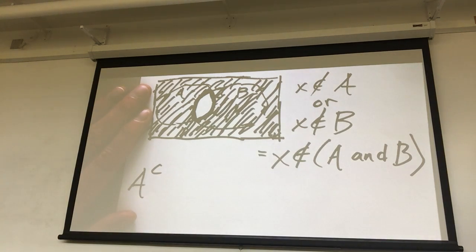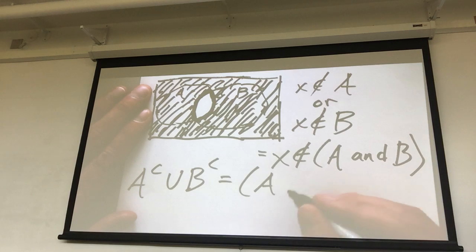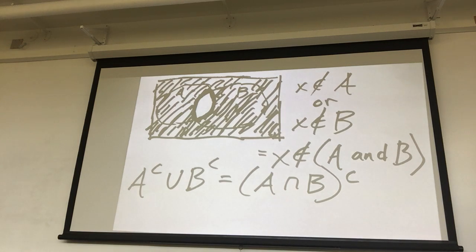The complement of A unioned with the complement of B is equal to A intersection B's complement.